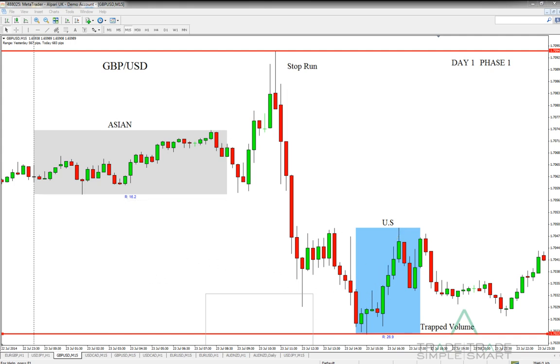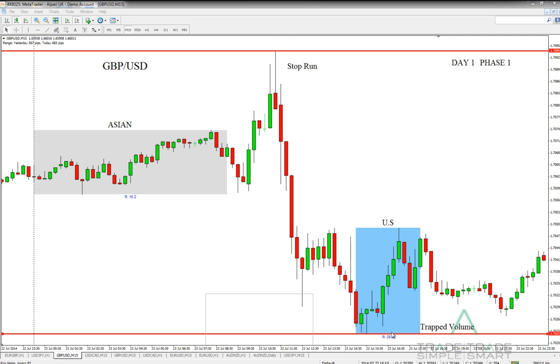Now, in terms of the high and low set for the day, we have the high set during the London session, which is the high of the stop run, and then we have the low, which is set during the US session, and this turns and creates the New York reversal. So the high of the day set during the London session, and the low of the day set during the US session.